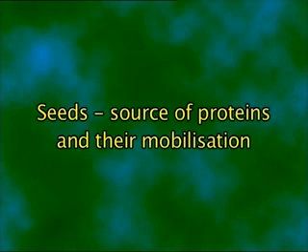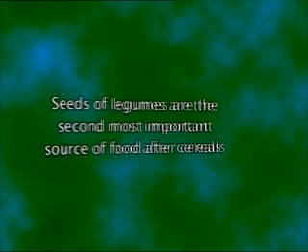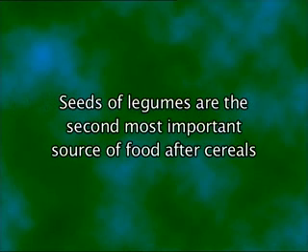Now, seeds as a source of proteins and their mobilization. Seeds of legumes are the second most important source of food after cereals. Beans and legumes are inexpensive and a common food all over the world. Besides proteins, they are typically high in fiber, calcium, and iron.